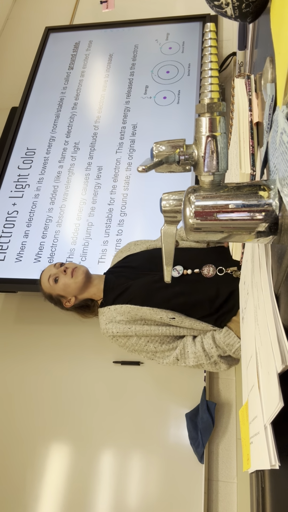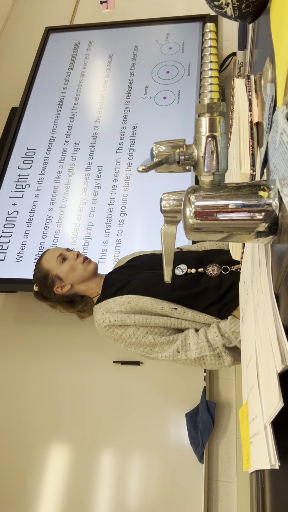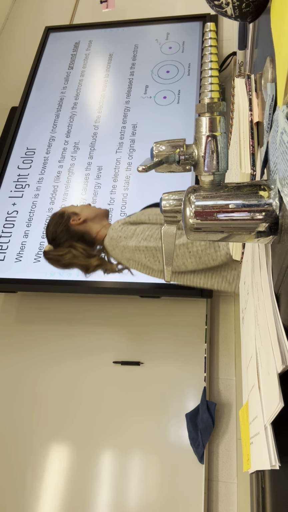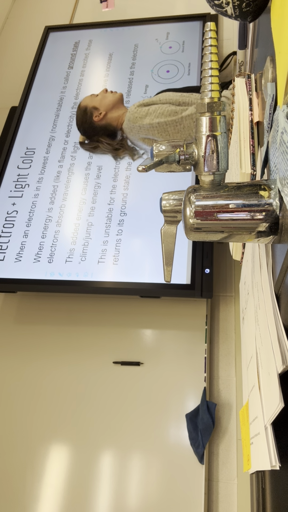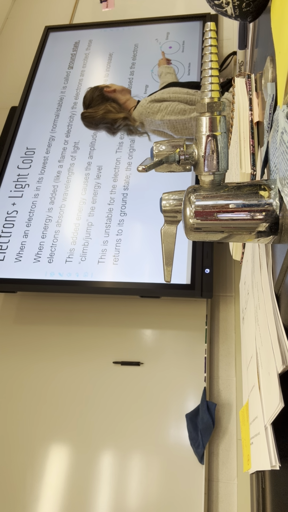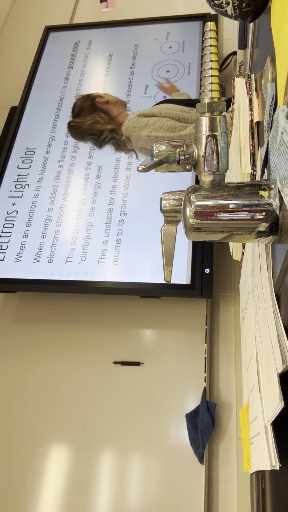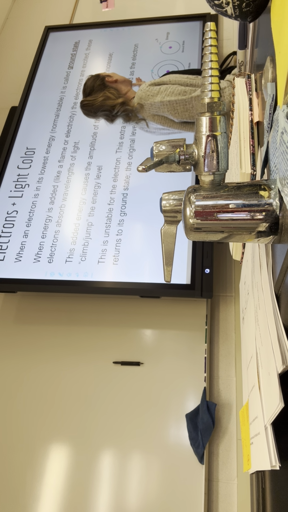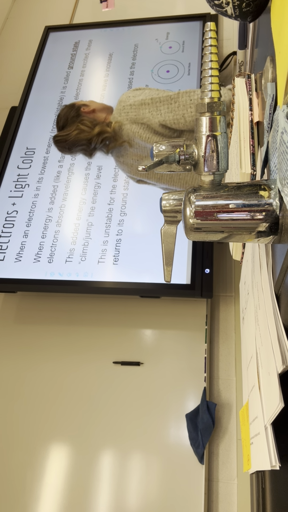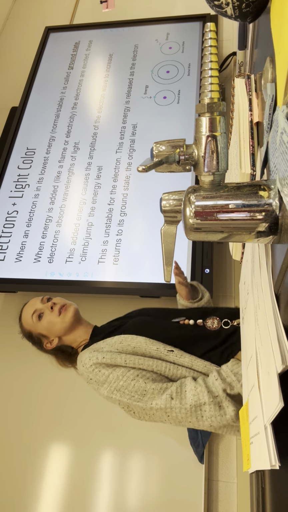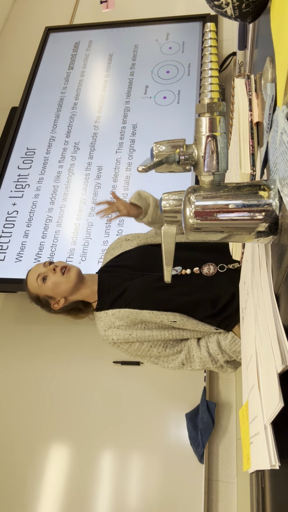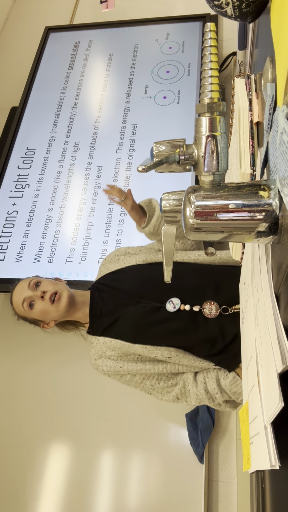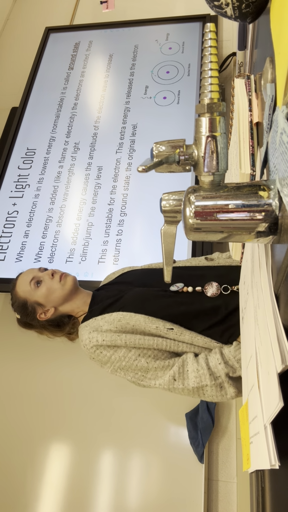But after a certain amount of time, maybe like an hour or so, that energy goes away, and you crash back down to your normal state. Tired probably, but similar. That's what the electron is doing. That energy is being added, it's jumping up to another energy level, and then it drops back down to its ground state. And when that happens, energy is being released, and we're going to see different colors of light depending on which energy level it jumped to.